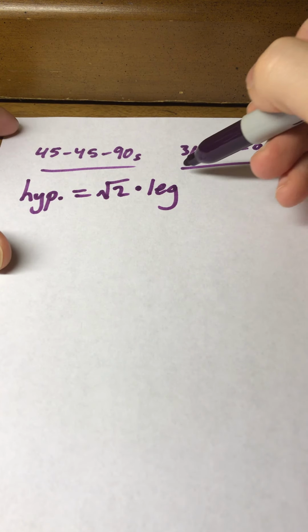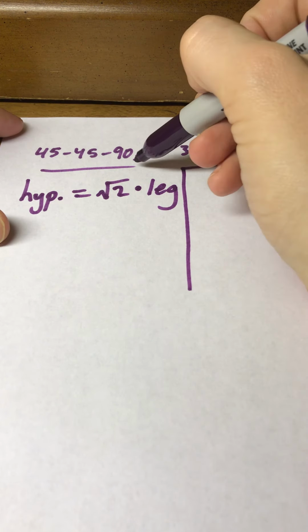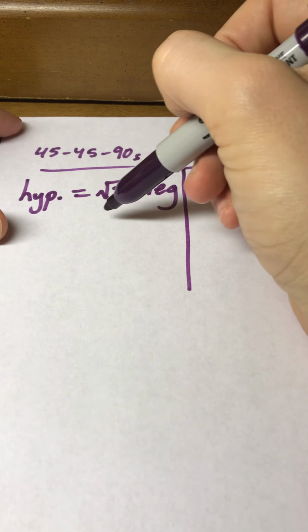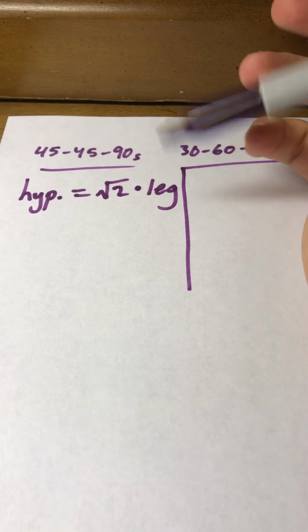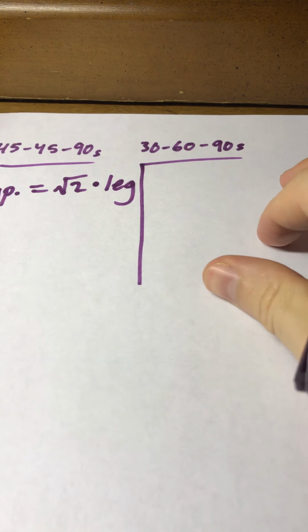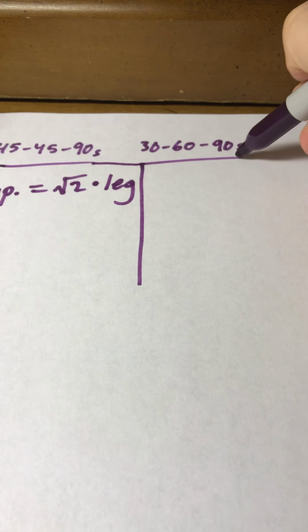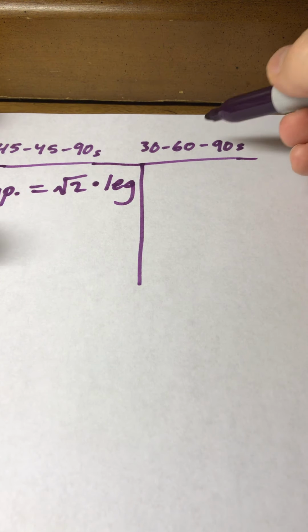And if you remember, the legs are the same here, right? Because they're both across from 45-degree angles, so that means the two legs must be the same length. But the 30-60-90s are going to have two equations, because we have one for the 60s as well as the 90s.